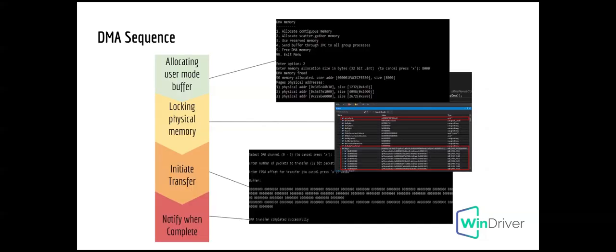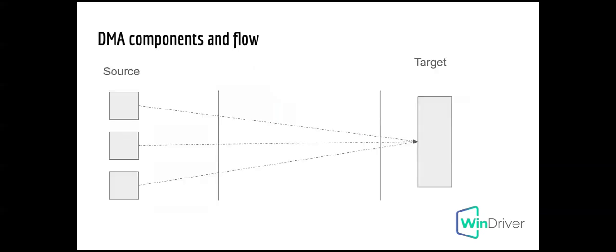Now we will zoom in and see what happens at the lower level of the DMA, and what's the architecture that our team used in order to make this DMA work with the CP-NX, specifically a sample of Lattice.